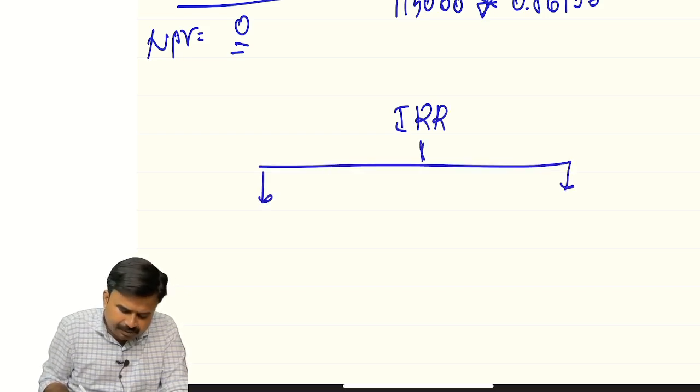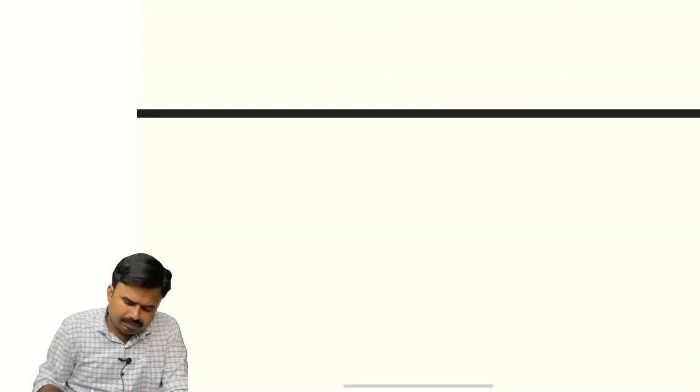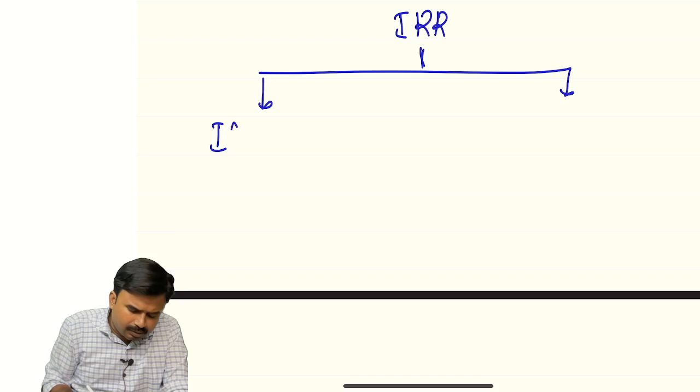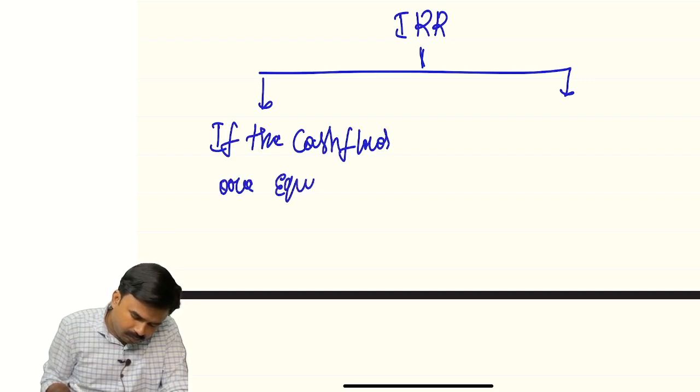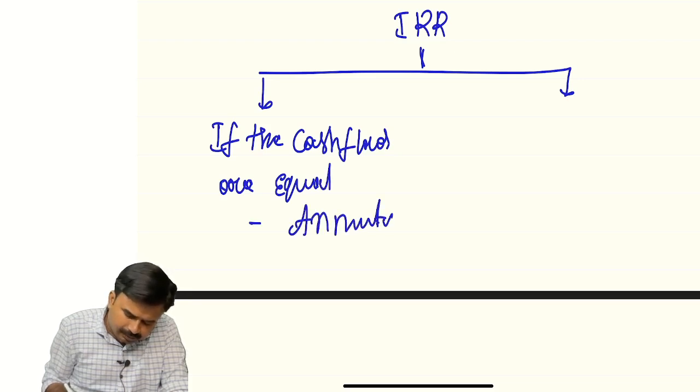If the cash flows are equal, I can use annuity method for calculating IRR.